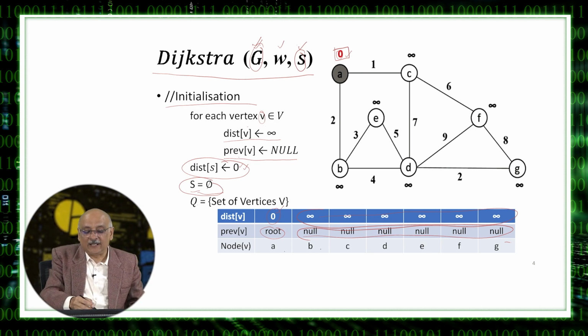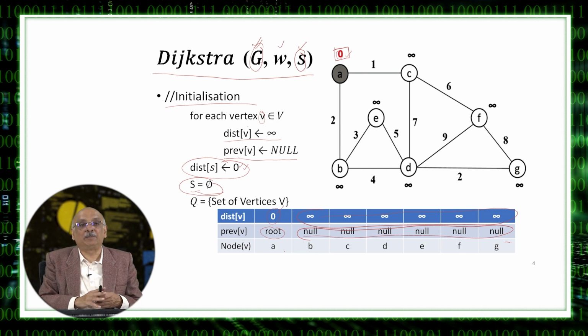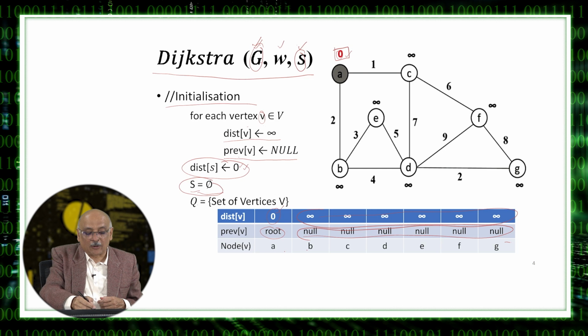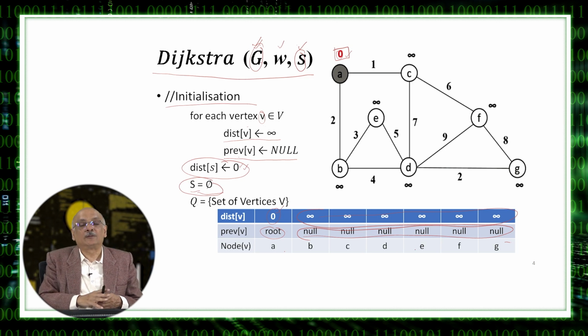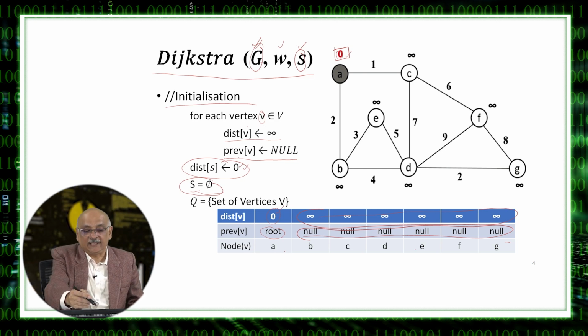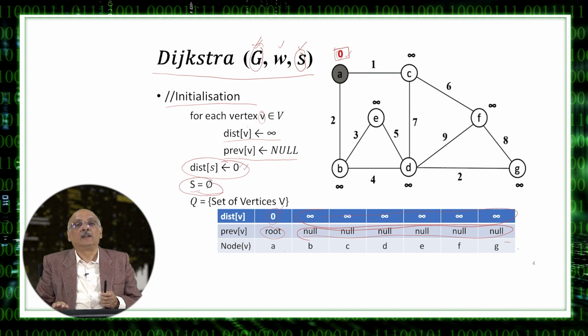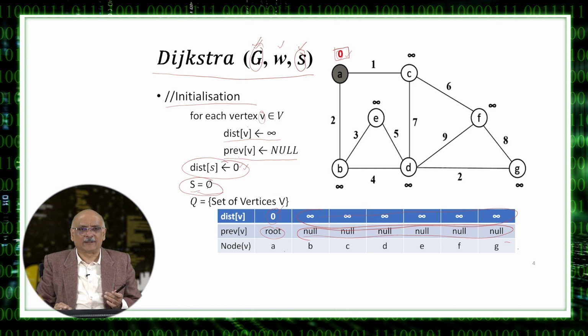A, B, C, D are the names we will be keeping just to know which vertex, which node, we are talking about. So the naming convention is A, B, C, D, E, F, G, all the nodes we are discussing in this algorithm. So this is initialization, and it looks very simple.